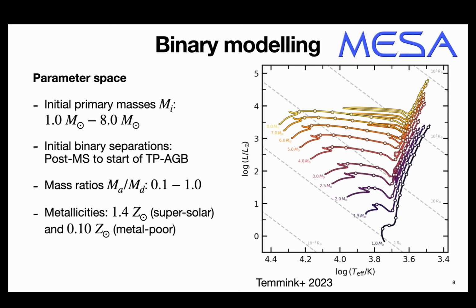On the right panel are the evolutionary tracks of the donor stars that I use, and the white markers show at what time I start these binary interactions. I do this for mass ratios of 0.1 up to 1 solar masses. And this is done for 2 different metallicities, a supersolar grid of around 140% solar metallicity, and a metal-poor grid of around 10% solar metallicity.